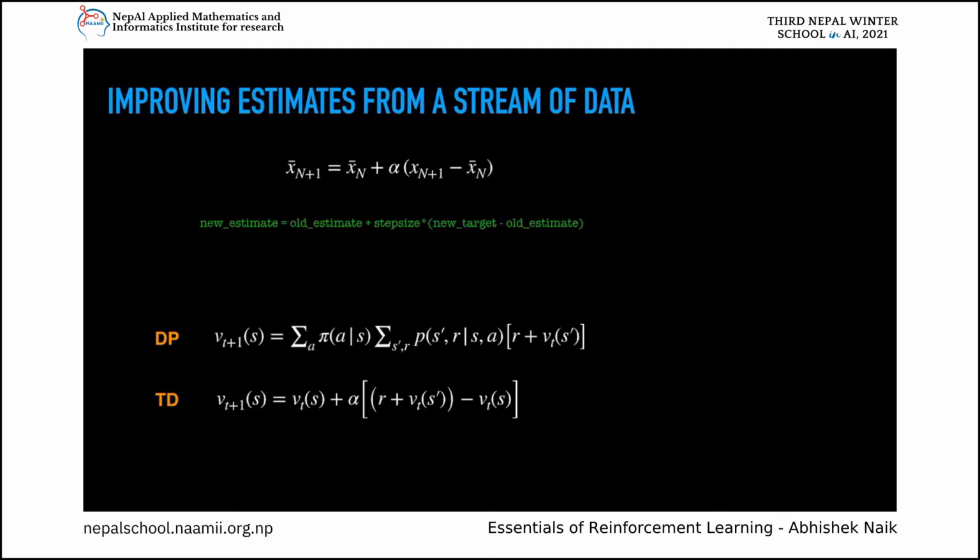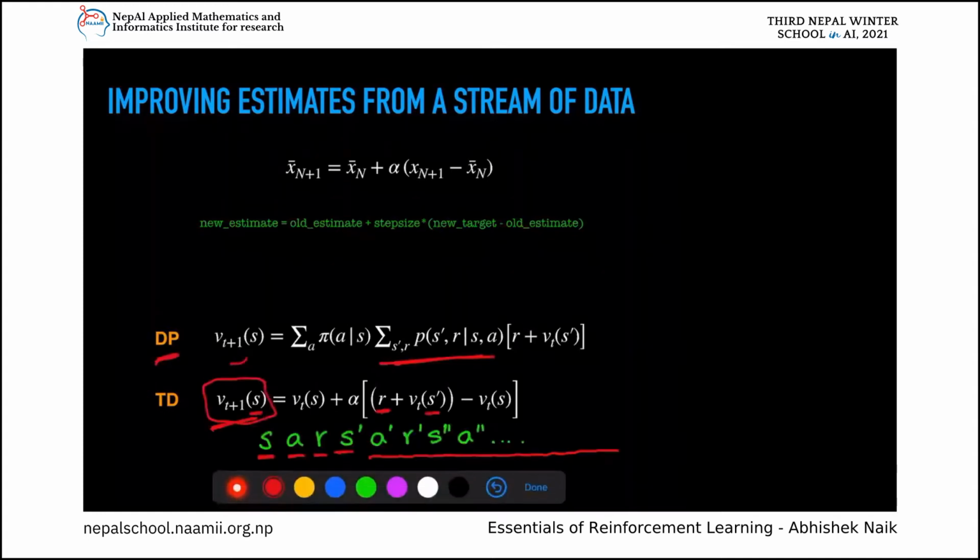We now know two ways of evaluating a given policy. We take actions according to some policy pi when we are in some state S, and we keep using that information to improve our estimates till we have converged to the state values, or the value function, for that particular policy.